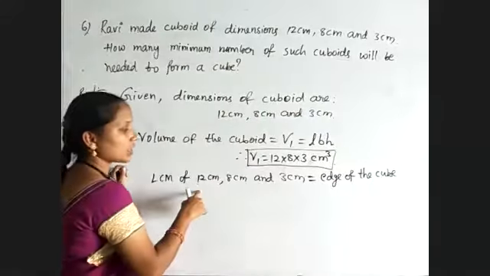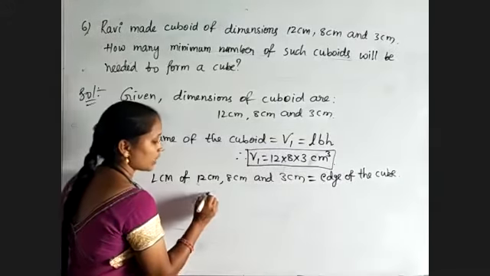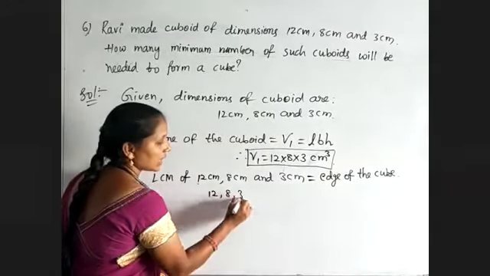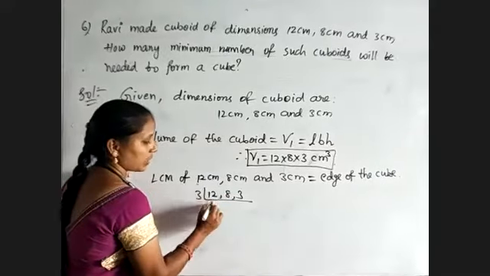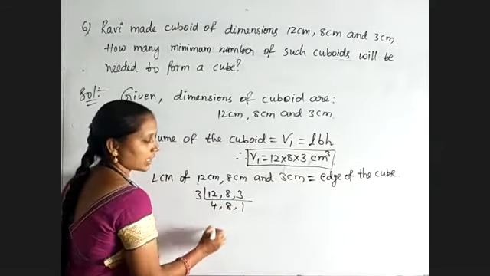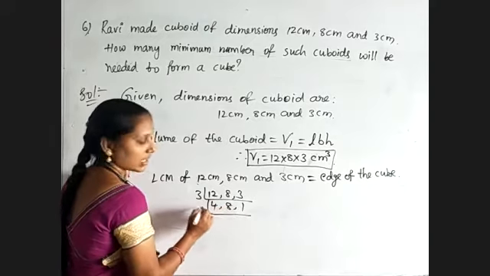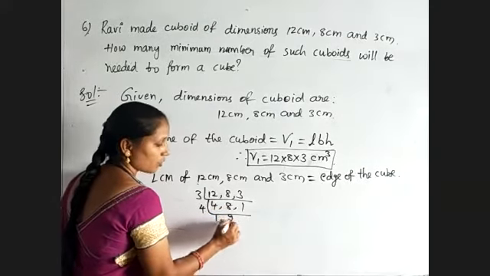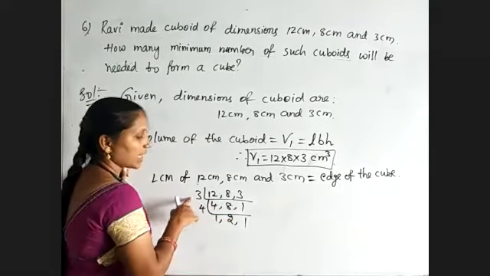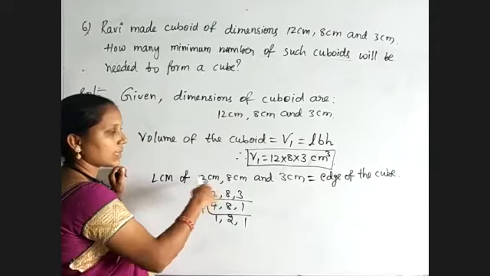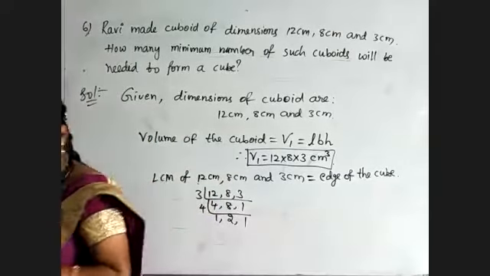Just observe the LCM of these 3 values. What will we get? 12, 8, 3. 3 table: 3 4s are 12, 3 1s are 3. Now both will cancel in the 4 table: 4 1s are 4, 4 2s are 8, 8 3s are 24 will be the LCM of these 3. So therefore, the edge of the cube.